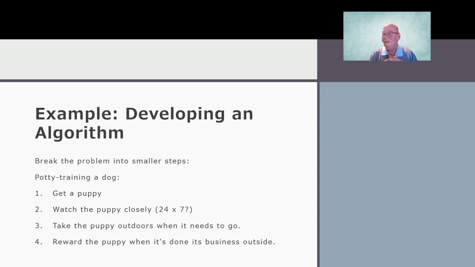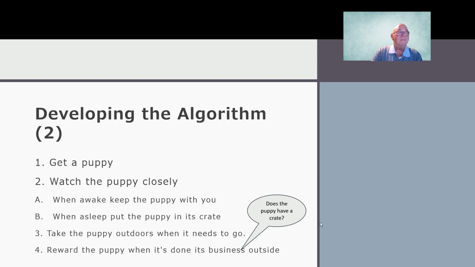And at some point, the puppy will associate going outside with going potty, and he'll let you know that he needs to go outside, and you take him outside, he does his business, he gets rewarded, you reinforce the behavior, and pretty soon the amount of mess you have to deal with in the house drastically decreases, if it doesn't go away entirely. So that's the first steps.